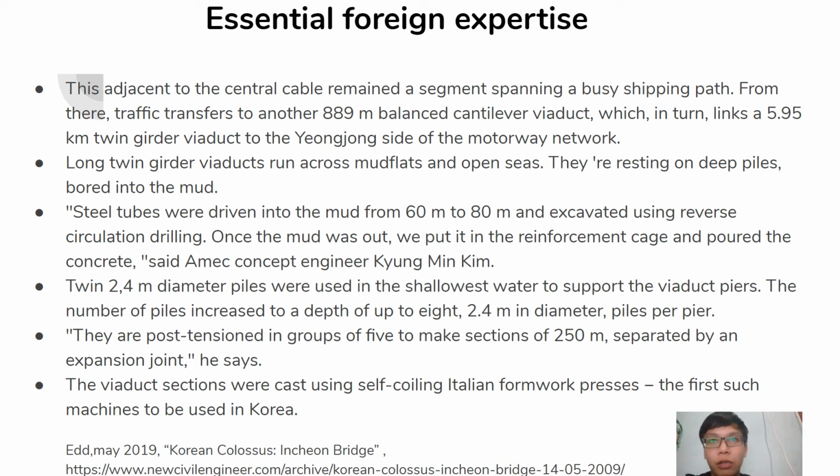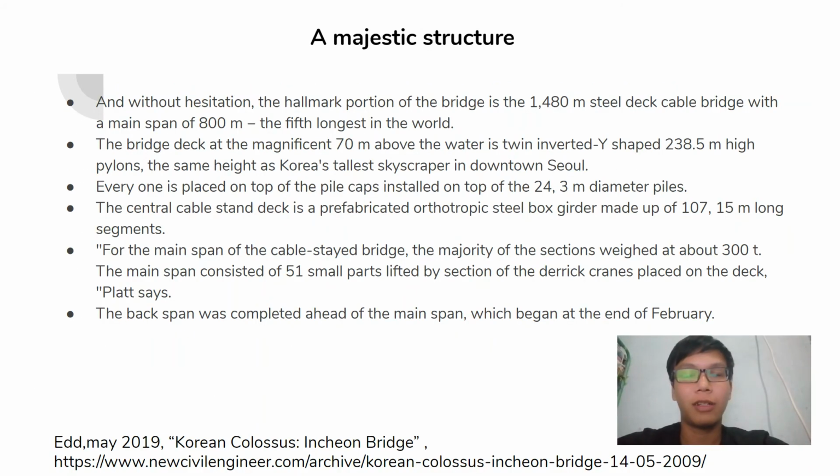The viaduct sections were cast using self-launching Italian formwork machines, the first such machine to be used in Korea. A majestic structure, and without hesitation, the hallmark portion of the bridge is the 1,480 meter steel deck cable-stayed bridge with a main span of 800 meters, the fifth longest in the world.